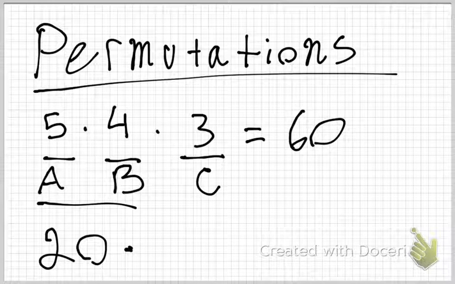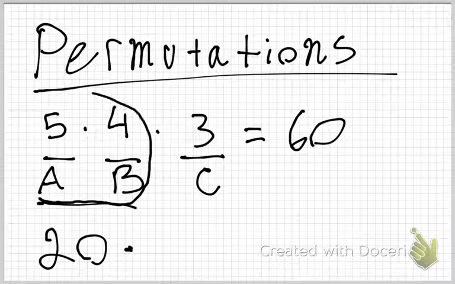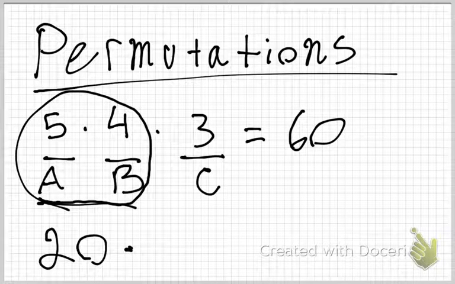I'm sorry, 5 options for seat A produces 4 options for seat B. Each one of those 5 options for seat A produces 4 options for seat B. So 5 times 4, that's a total of 20 arrangements for how we can arrange the siblings for seats A and B. And each one of these 20 arrangements produces 3 options for who we put in seat C. And that's how we get 20 times 3.